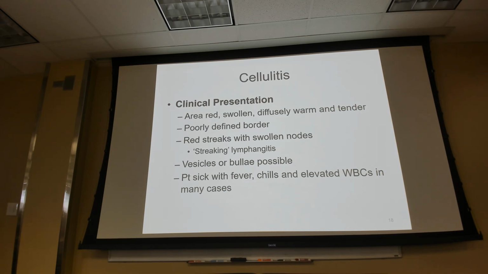You could have some of the vesicles and bullae that are also attached up and underneath the top skin. Individuals, if it's already built up, could have some fever, chills, and elevated white blood cells.